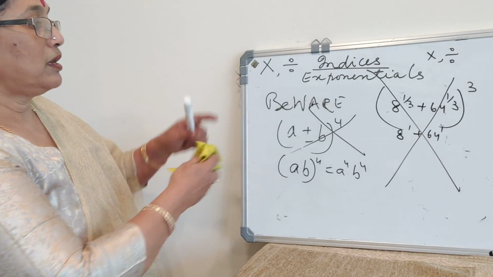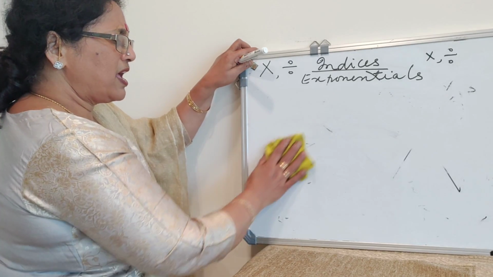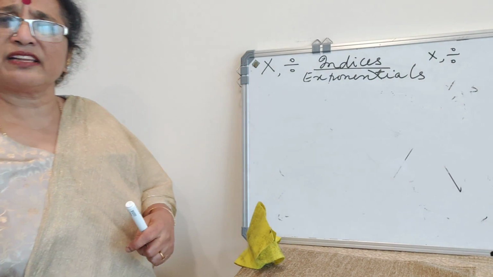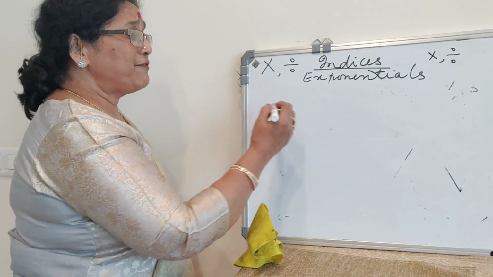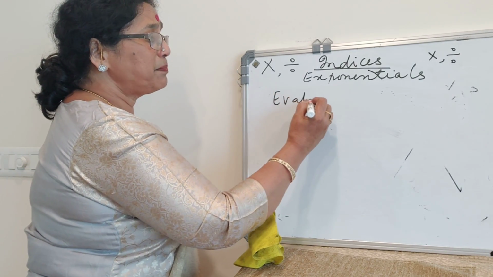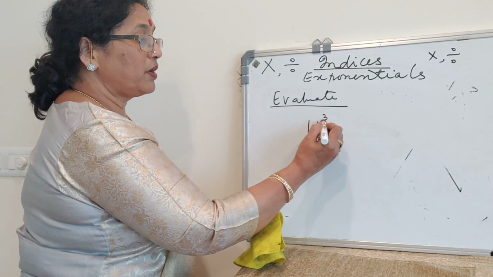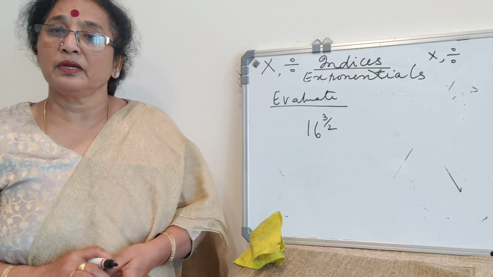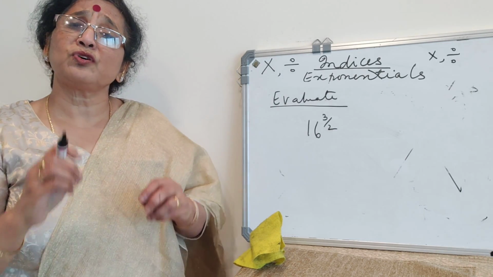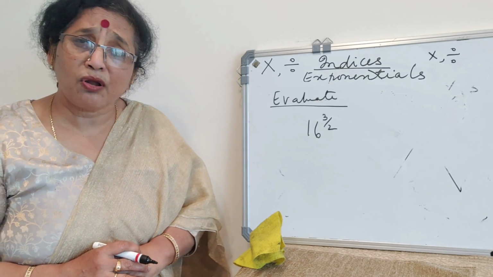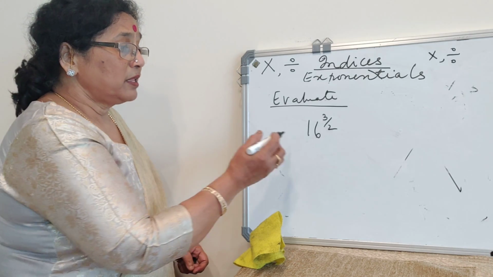Correct? So now you have fractions. How do you solve? In variables, you just add the fractions. But for example, evaluate means you have to find the simplest answer. When I say 16 to the power of 3 by 2, we can evaluate. Instead of finding the square root of 16 cube, which is too long and needs the division method of square root, what is the short method?